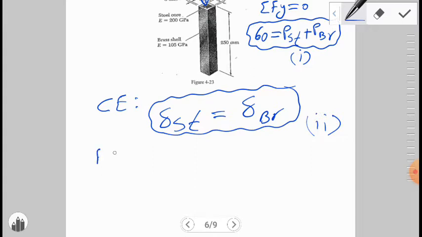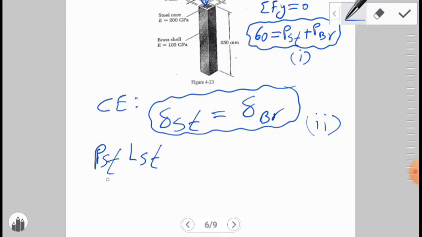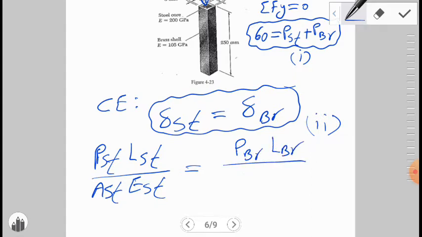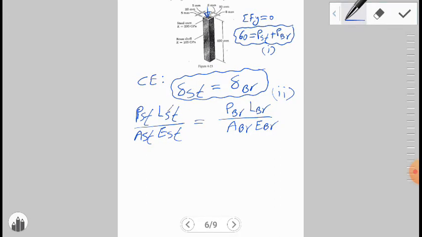Delta steel is equal to P steel, L steel, A steel, and E steel, which is equal to P brass, L brass, A brass, E brass. Because L steel is the same as L brass, they can be removed here.